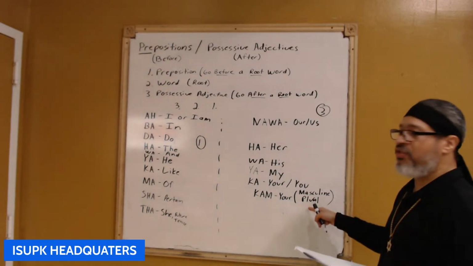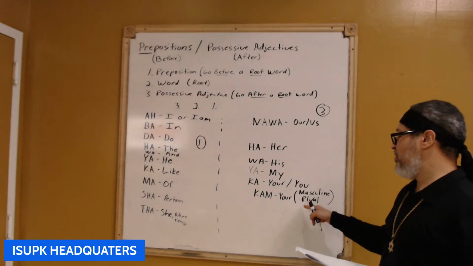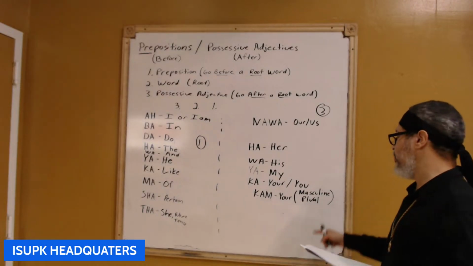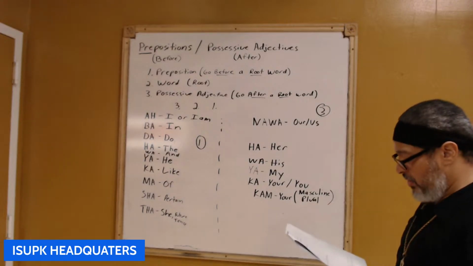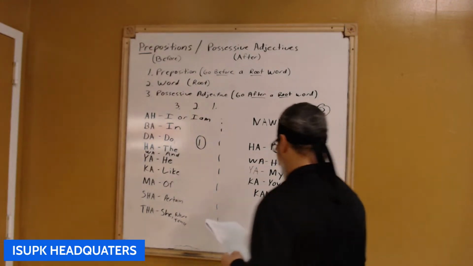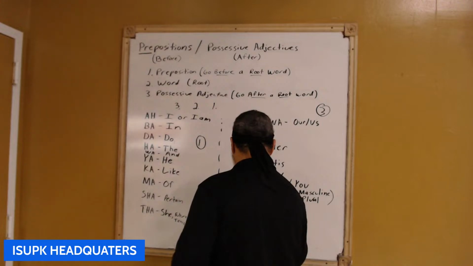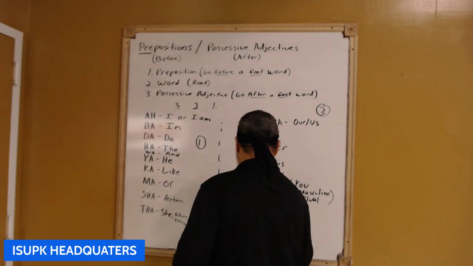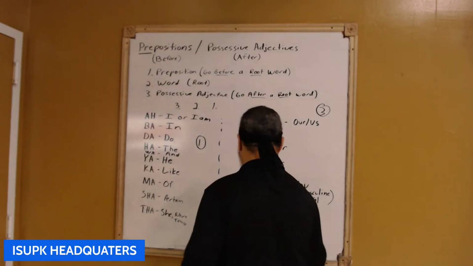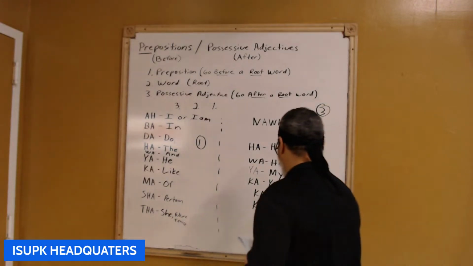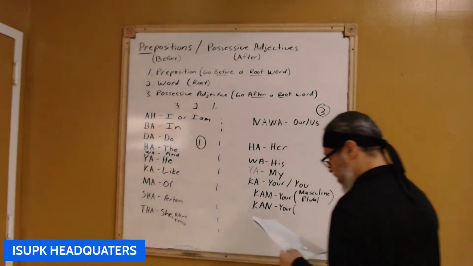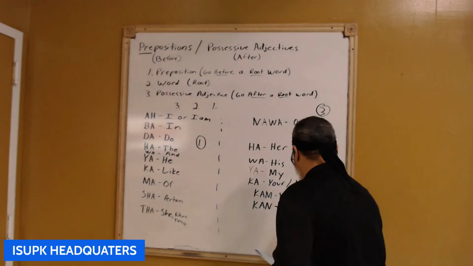So if you're addressing a bunch of brothers, multiple, you might see this kum, "your," plural. If you're addressing a bunch of sisters, you would see kun. It ends in an N. Okay? And this is "your," and that will be feminine, plural.